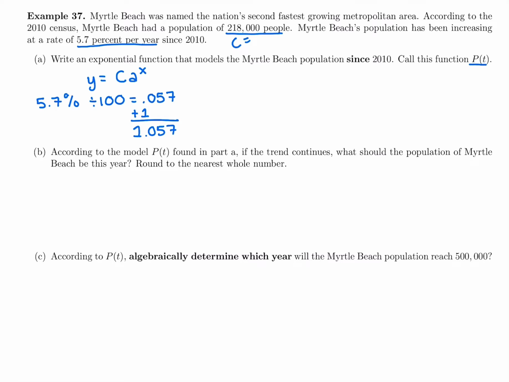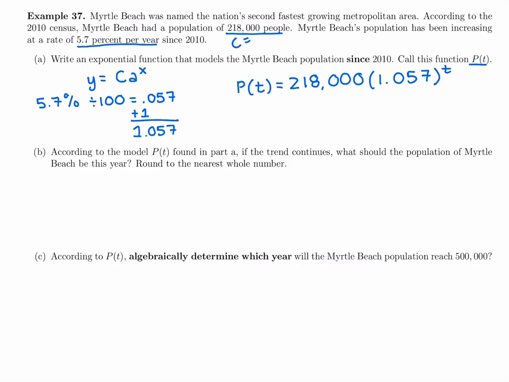So now we have our growth factor, and we're going to write this as P of t instead of y equals, because that's what they tell us to write it as. It's going to be our initial amount of people, 218,000, times our growth factor, 1.057 to the t this time, not x.